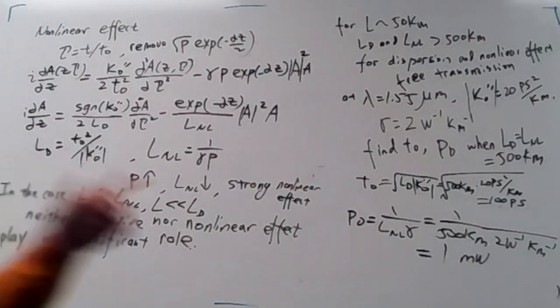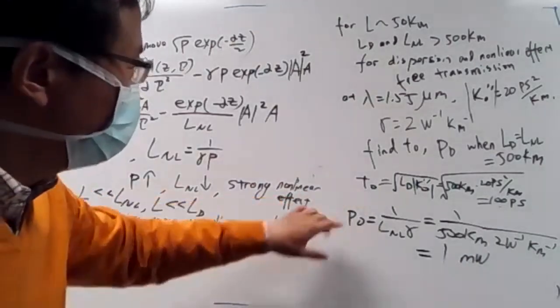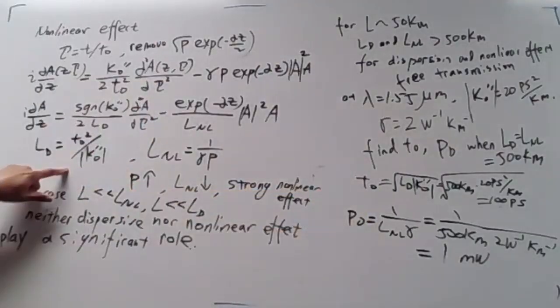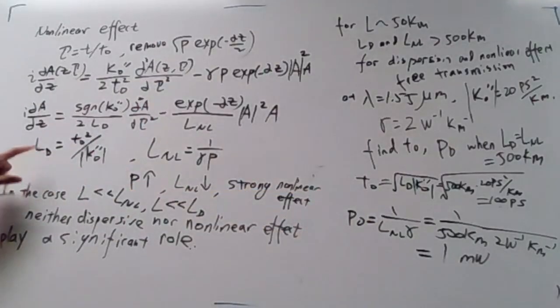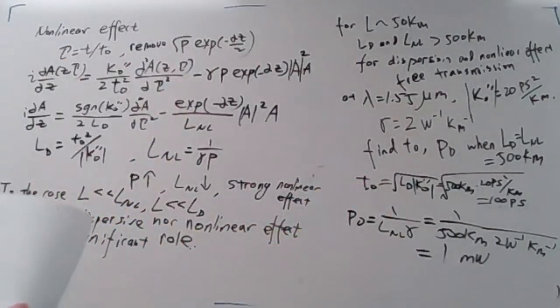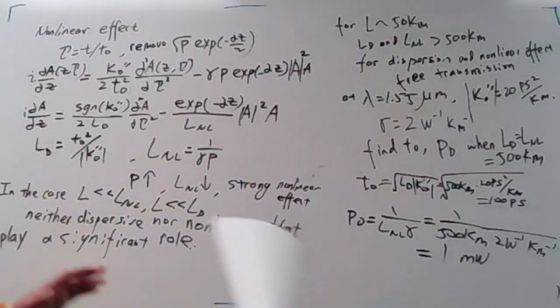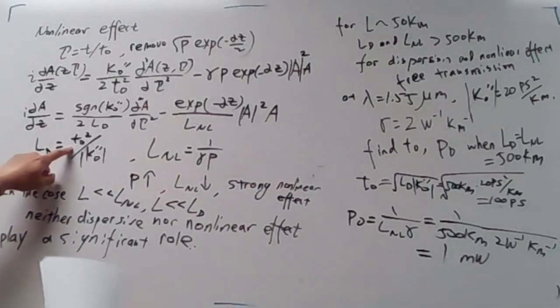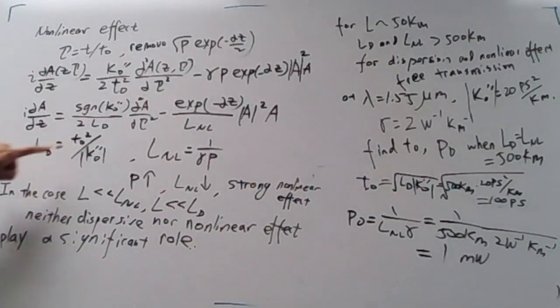Okay, so think about it, right? This T naught determines the LD. If you have wide T naught, that means very wide T naught, the dispersion length is going to be large.